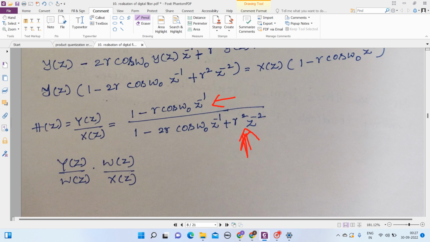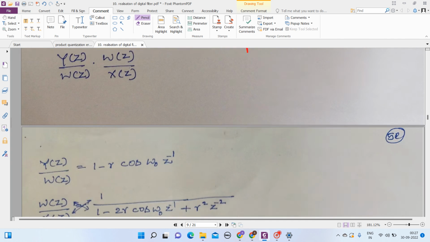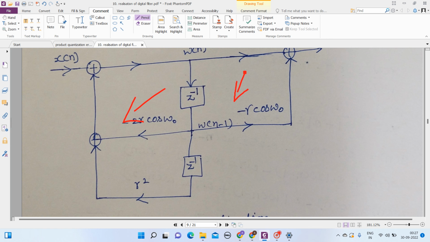So x of n is directly added with the adder elements, right? So the second term is w of n minus 1 times 2r cos omega naught, right? This is my second term.